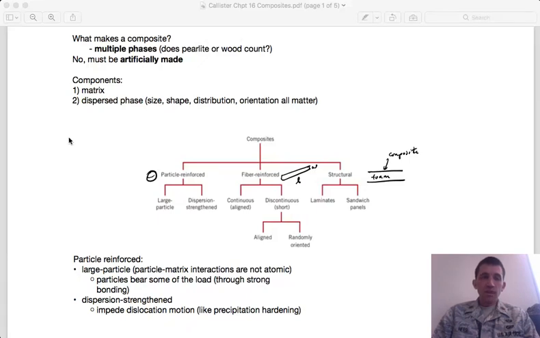So yes, pearlite and wood do have multiple phases that have different properties, but the size and shape and distribution of those phases is not a planned, artificially made material. We can tailor the conditions under which pearlite forms, but we don't say, one particle of cementite goes here and another goes here, the way you do when you make a composite.